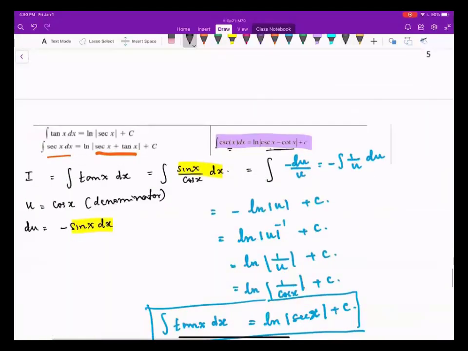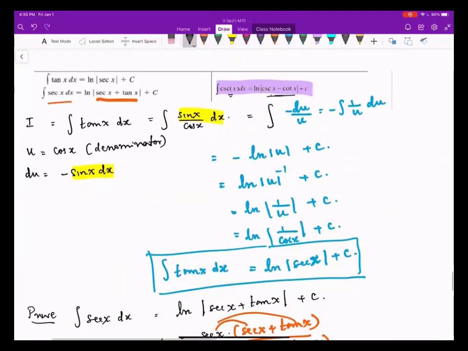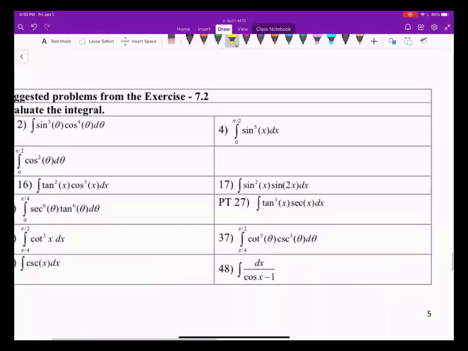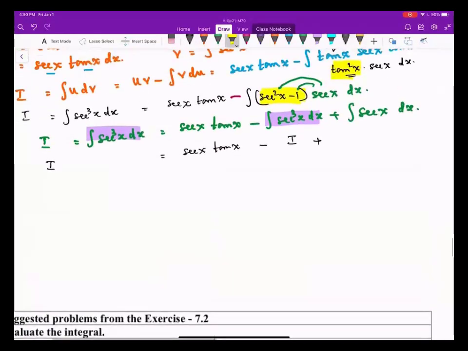What is the integral of secant x? From what we actually derived, it is ln of absolute secant x plus tan x. So we are going to substitute that. Of course, we have to write the c, but the c can be added at the end of the problem.